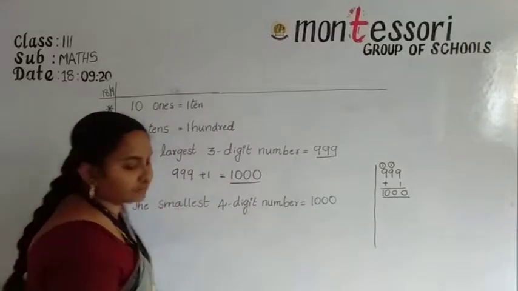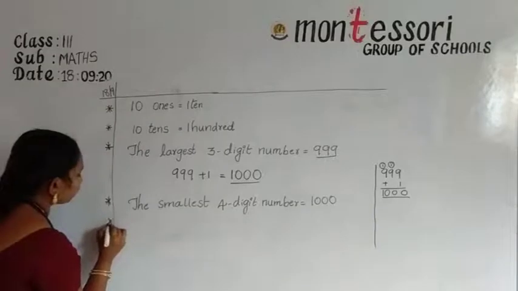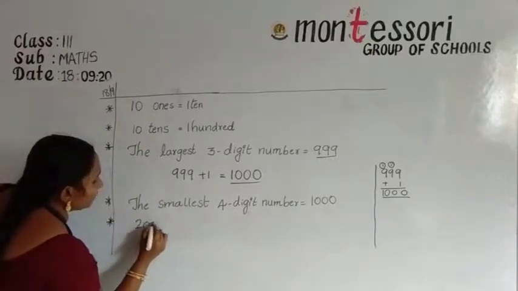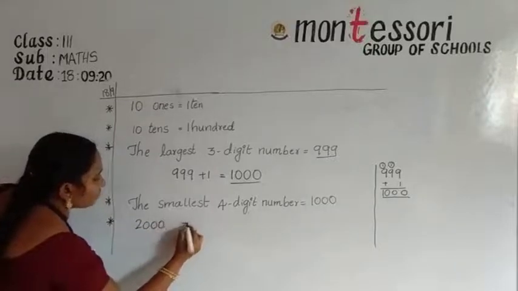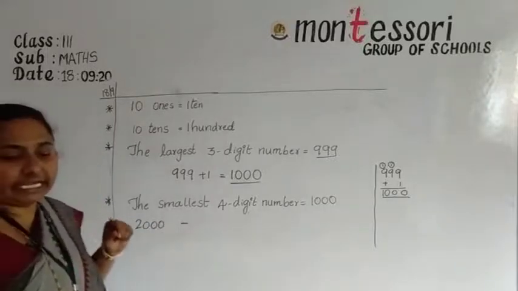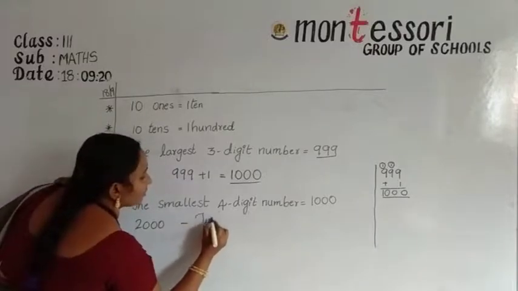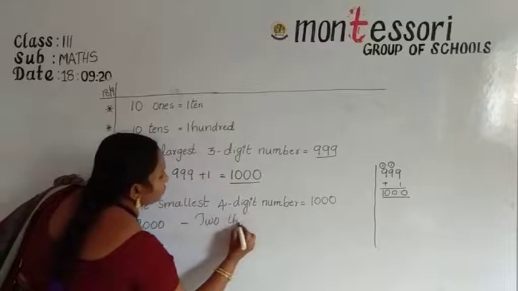And next one, here I am writing 2000. Give a gap and write neatly 2000. Now I am writing the number name. 2000.